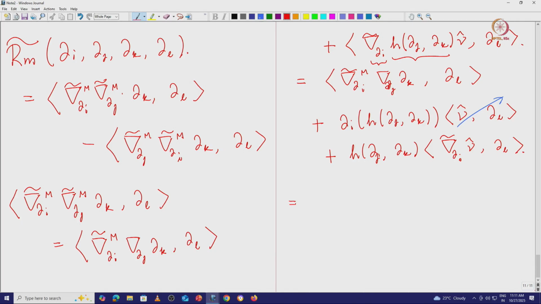So also in the first term I again use Gauss equation. Okay, so if I again use Gauss equation, I will again get two terms.